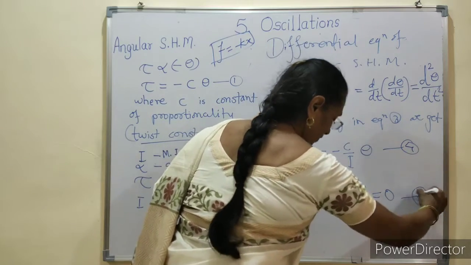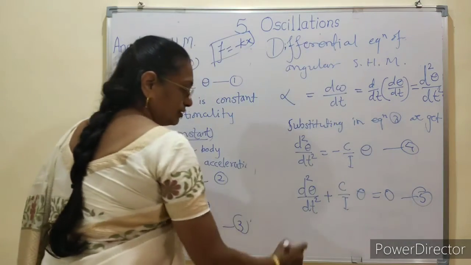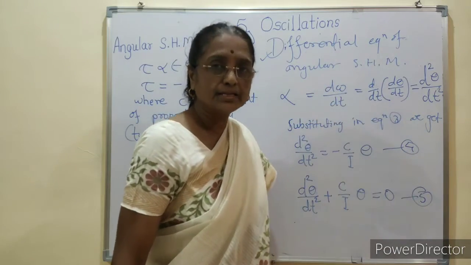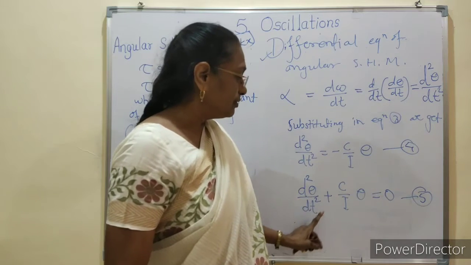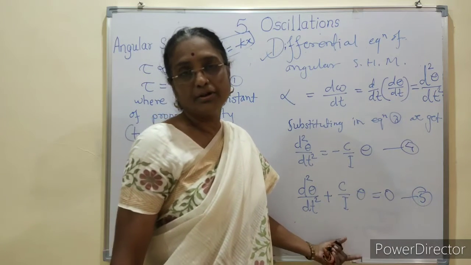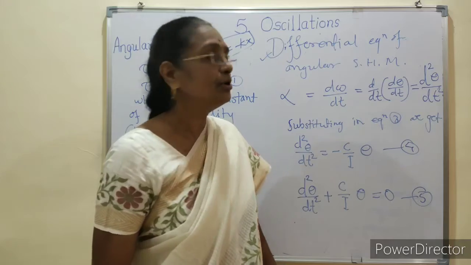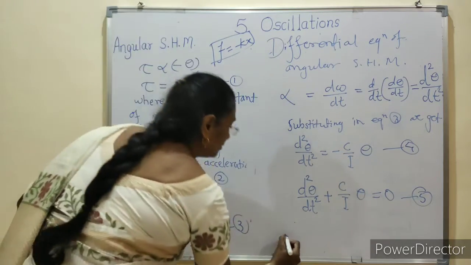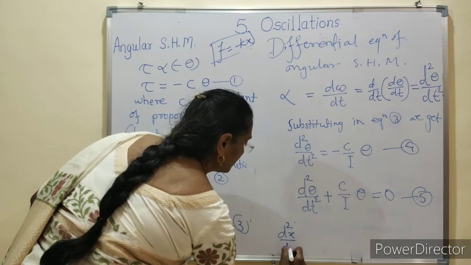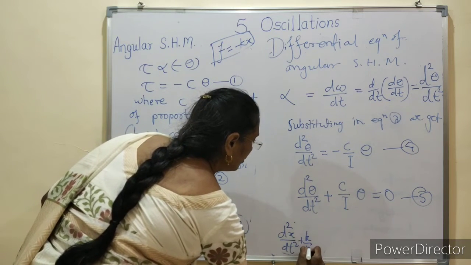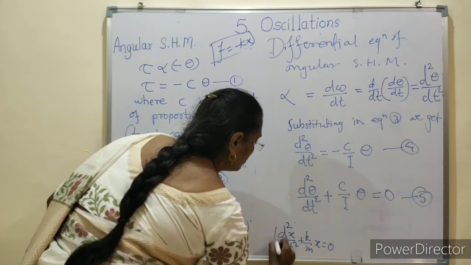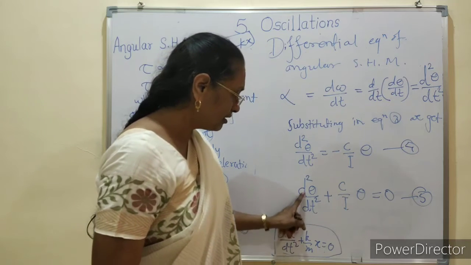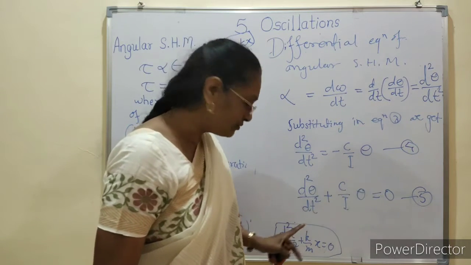This is equation number 5, and it is called the differential equation of angular S.H.M. Like the differential equation in linear S.H.M, which we have written as d square x by dt square plus k upon m into x is equal to 0, we have derived an analogous relation here.